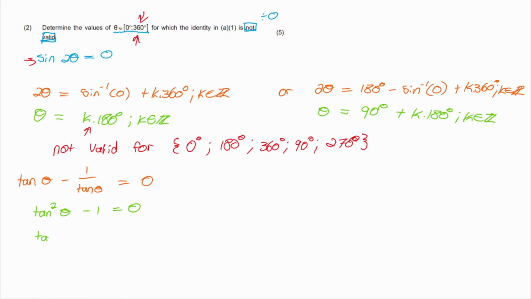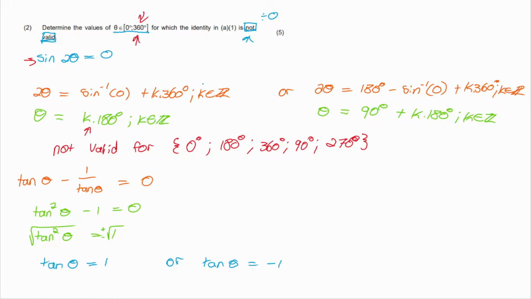Okay, so I get tan squared theta is equal to 1. Now what I do is I take the square root of both sides. But remember, when I take the square root, it's plus or minus 1. Very important here. So my two options are tan theta is equal to 1 or tan theta is equal to -1. That is when I will be not valid.